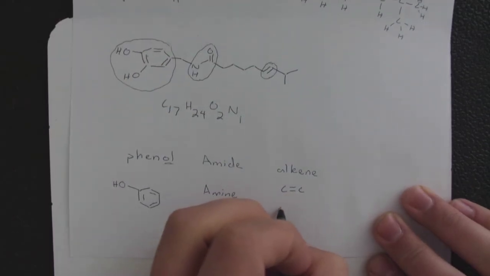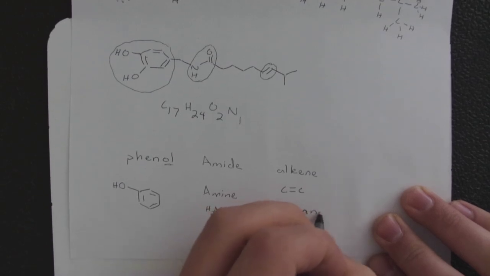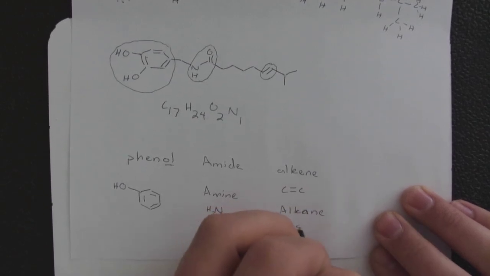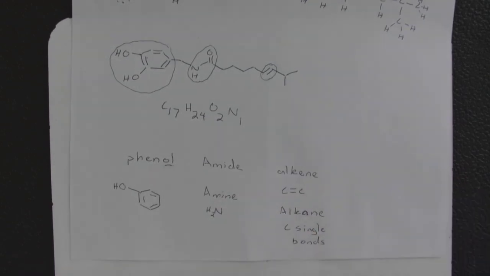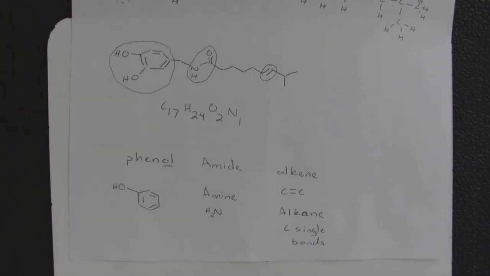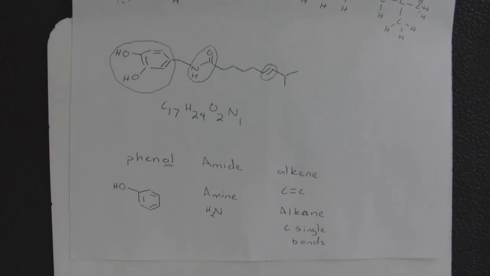All of the others would be an alkane. If we wanted to label those, we could as well, but they're so ubiquitous within our organic molecules that we're not going to worry too much about identifying those alkanes. We really are going to focus on some of these other ones.